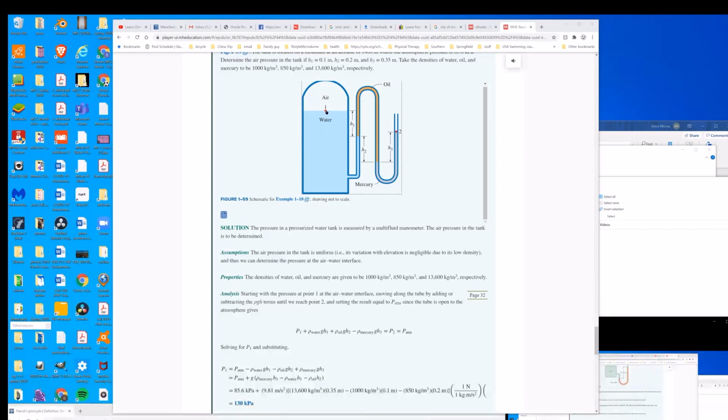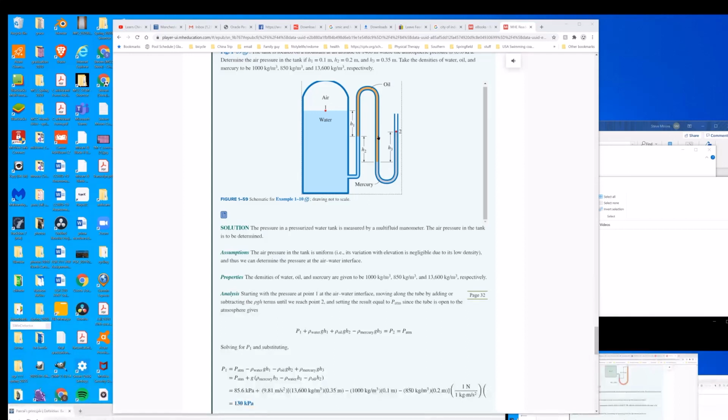So whatever the air pressure is here plus whatever pressure is due to the water at this point is the same all the way over here, okay? So we can use that idea and go straight across to here, okay?